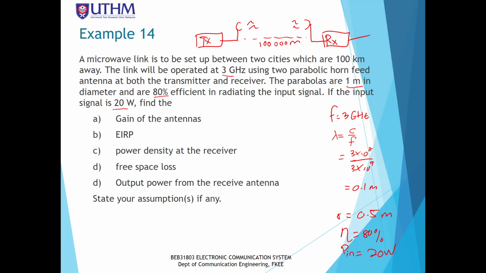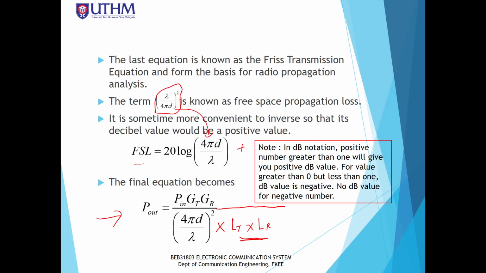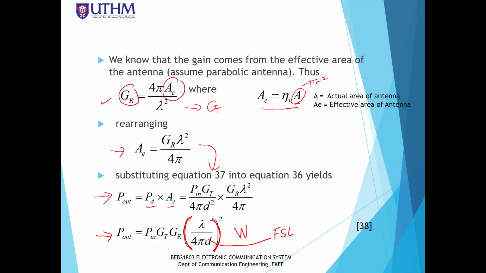From this example, you can see that both antennas are the same. If both antennas are the same, all parameters of the antenna are the same. That means GT is going to be equal to GR, because we are using the same antenna. To find the gain, we can calculate based on the GR parameter, which is as stated in the lecture notes, 4 pi AE over lambda square.